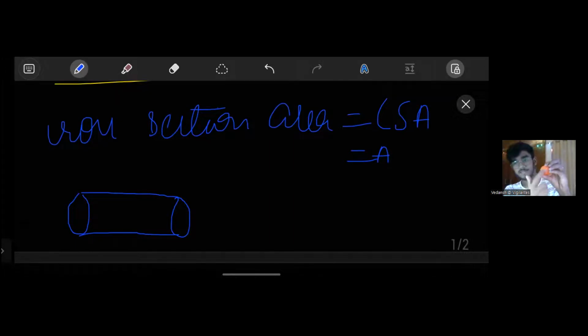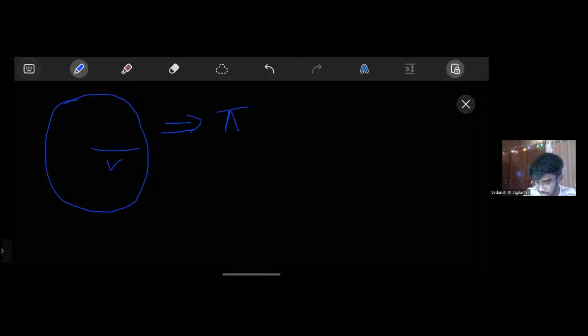So this area is known as the cross section area. So if we talk about it like this, this would be your cross section, correct? With radius r, the area of this cross section would be pi r square, which is basically the area of a circle.